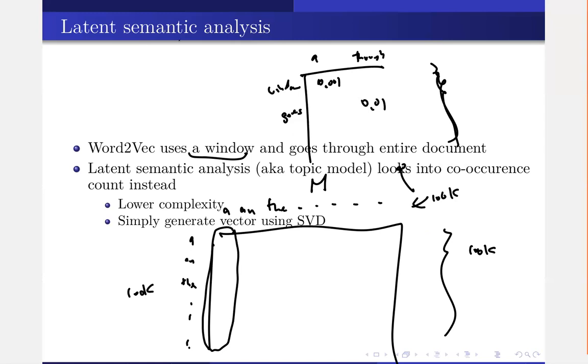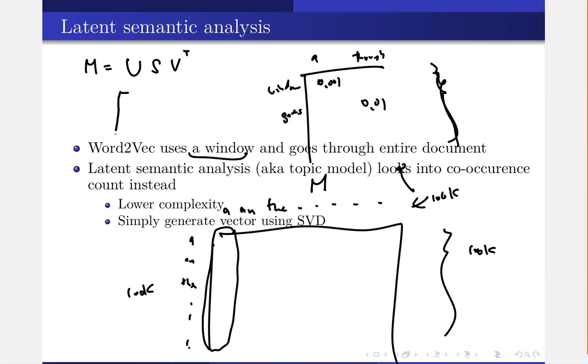So what we can do instead is use SVD to decompose that. We have M here, and we can decompose it into U S V transpose with SVD.